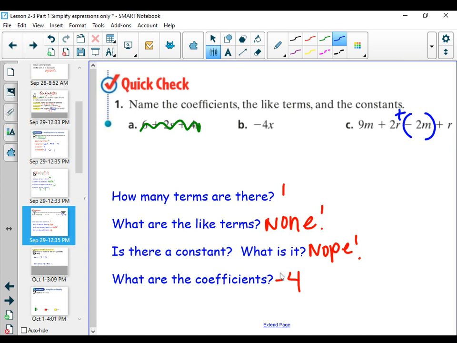It doesn't look like a negative, but it sure is. Another coefficient would be 1. It didn't look like it was hiding there, but it was. Invisible math. You are responsible for invisible math. You write it in before you start naming the parts, the pieces.